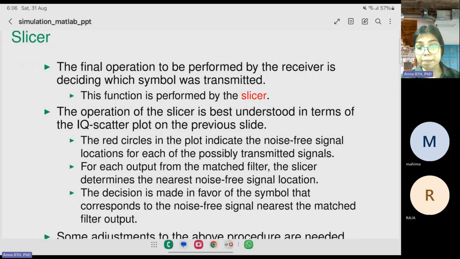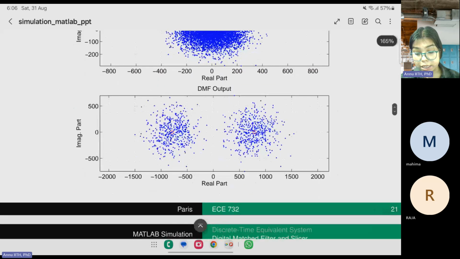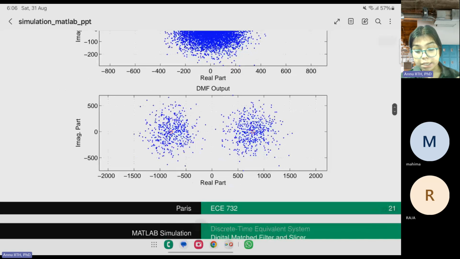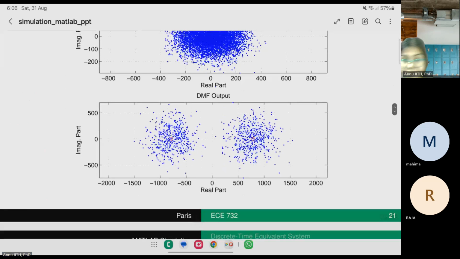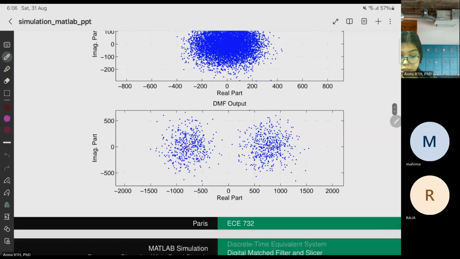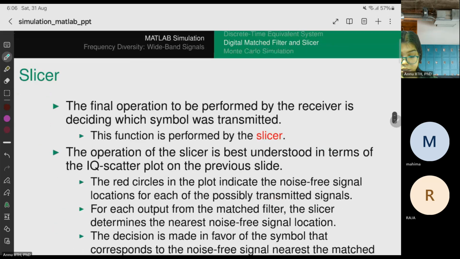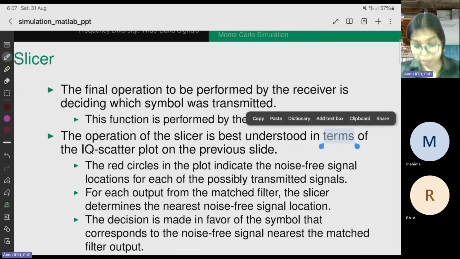The red circles in the plot indicate the noise-free signal locations for each of the possibly transmitted signals.